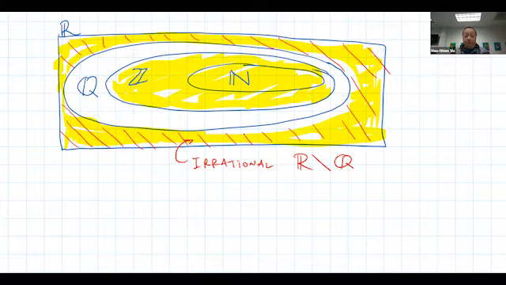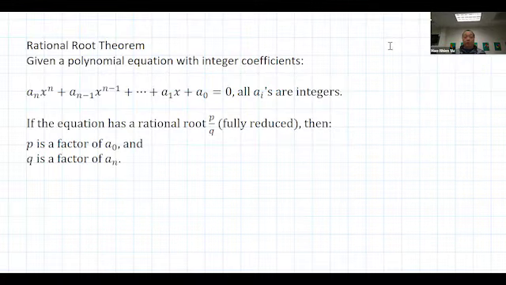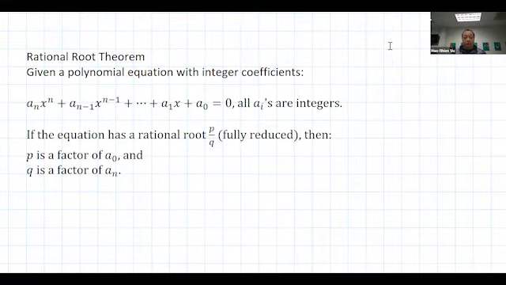So I'm going to prove it by using the rational root theorem. So let's write the rational root theorem. Given a polynomial equation with integer coefficients, then if the equation has a rational root p over q that's fully reduced, then p is a factor of a naught and q is a factor of a n. a naught is the constant term and a n is the leading term.